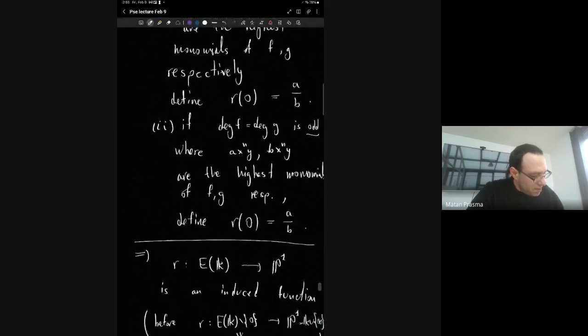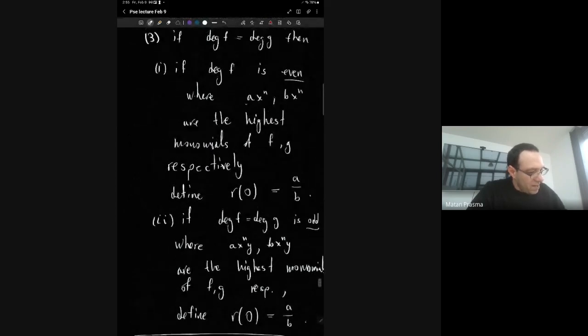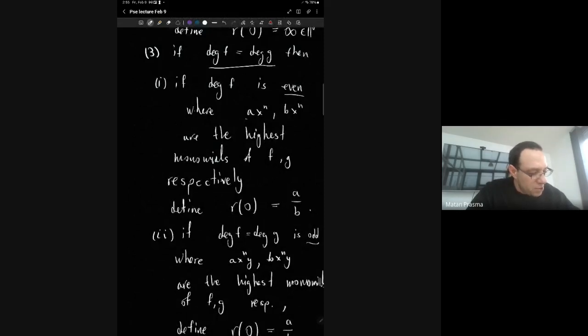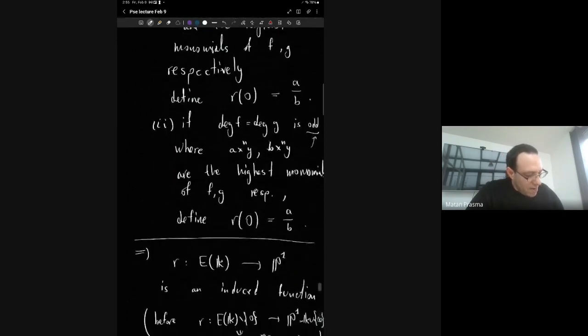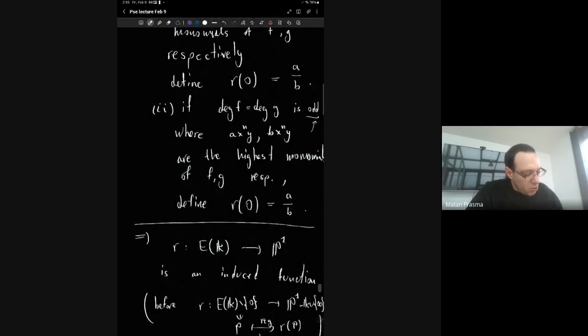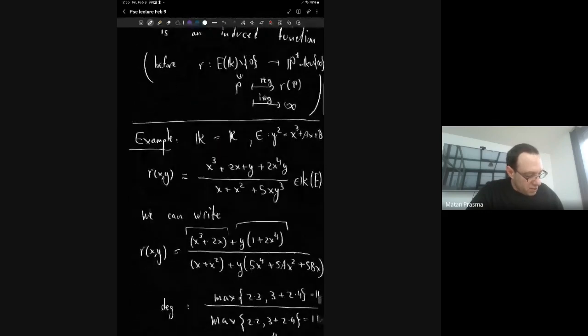We are in the case degree F equals degree G, and both of them are odd. So I look at the highest monomial, and I simply divide the coefficients.